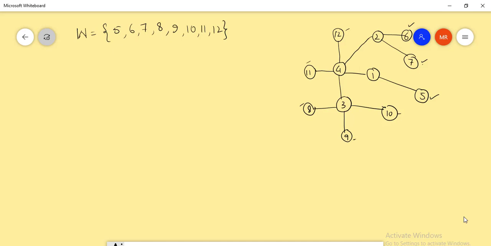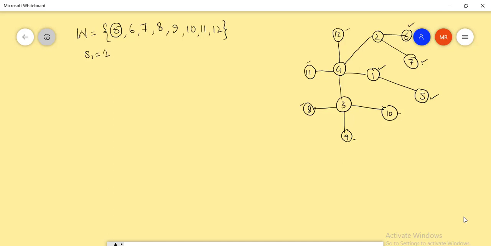This is set W. Now we pick this one and we find the unique vertex adjacent to vertex 5. The unique vertex adjacent to vertex 5 is 1, and hence we call S1 as 1.